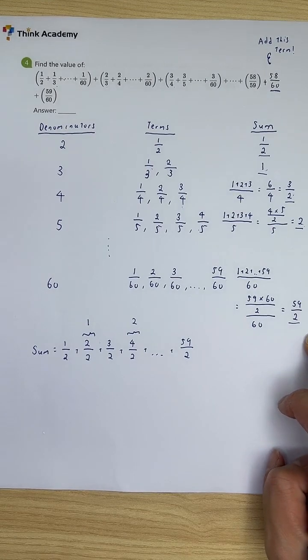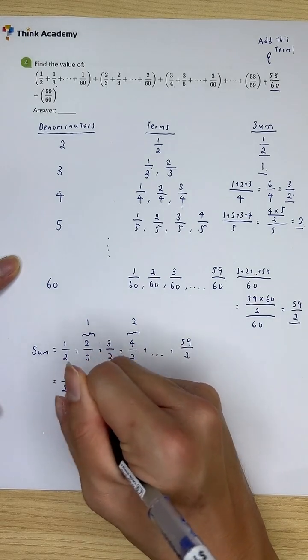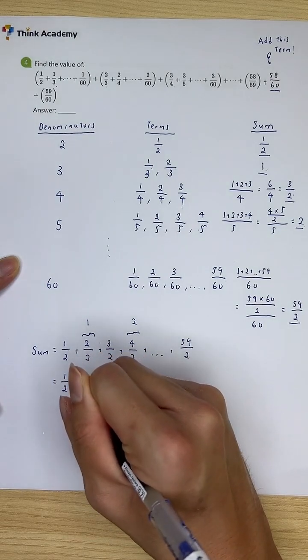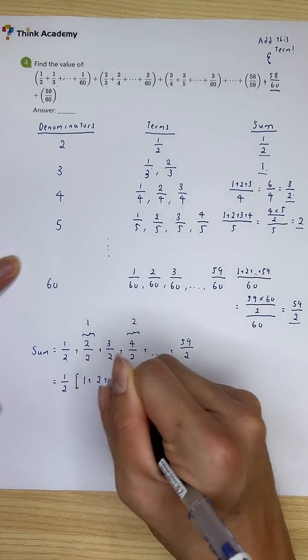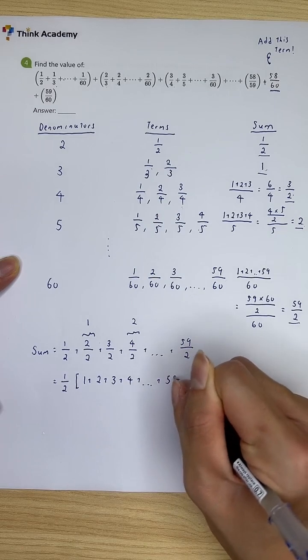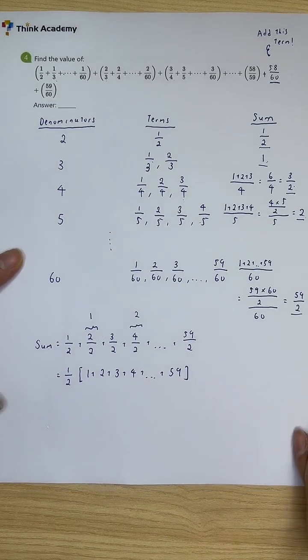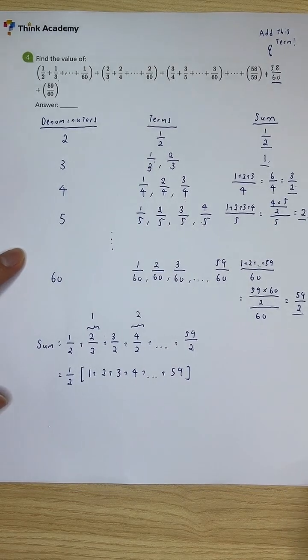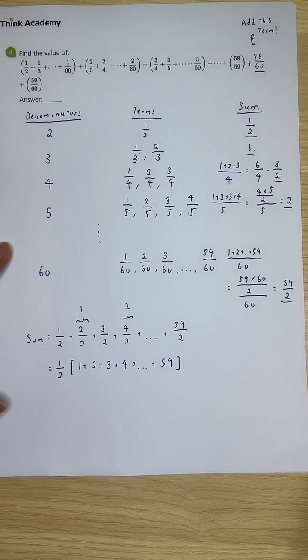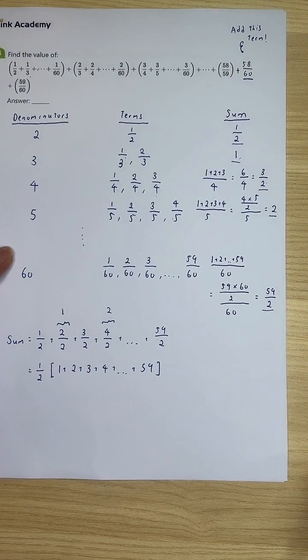And how are we going to solve this? Well, we can factorize out the half. Half, and we're going to end up with 1 plus 2 plus 3 plus 4 all the way to plus 59. I hope everyone can see it. Is it a little bit better? Due to a bit of space constraint, I'm going to remove the sum area and just write it over there.